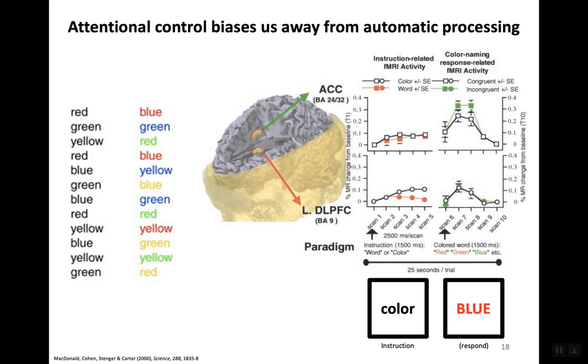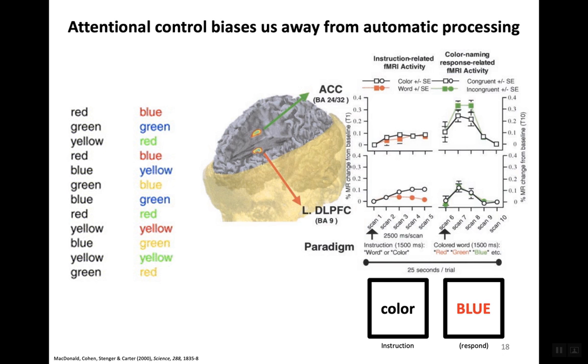So for instance, naming the color of words that refer to a different color as opposed to congruent stimuli, when there was convergence in terms of the color of the word and what it denoted. And the interpretation of this finding is that the ACC is responsible for solving the actual conflict.